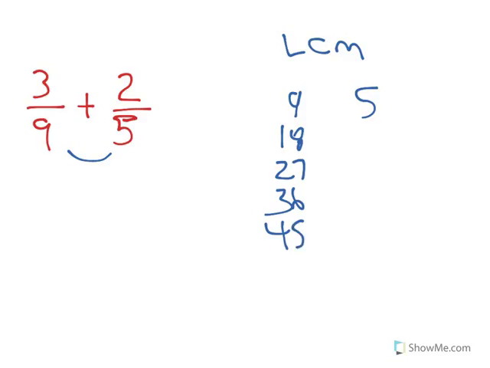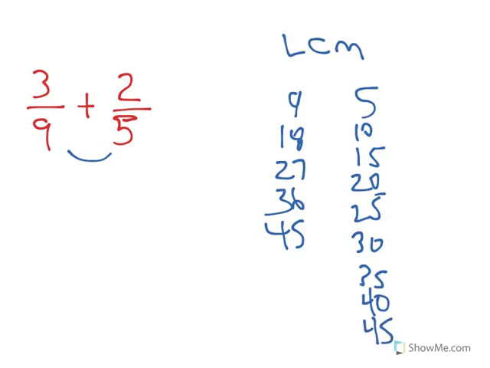I do that for a while in that column, then I go over to the next column. 10, 15, 20, 25, 30, 35, 40, 45. And then I notice, hey, I got 45 in both those columns. Now I'm going to count down and see how many levels I went down. 1, 2, 3, 4, 5. Times 5. 1, 2, 3, 4, 5, 6, 7, 8, 9.